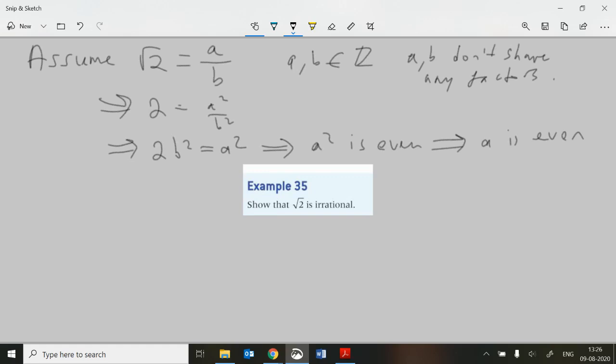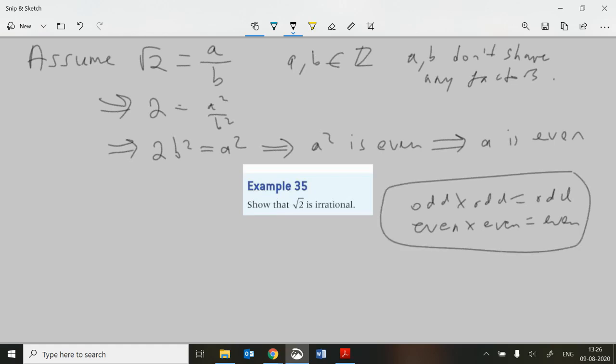But that essentially comes from the idea that if you have an odd times an odd, that will give you an odd answer. And if you have an even times an even, that gives you an even answer. And that idea is used quite a lot. And you can assume that that's true. And so we've assumed that this is true here essentially because we've got even times even gives us an even number.